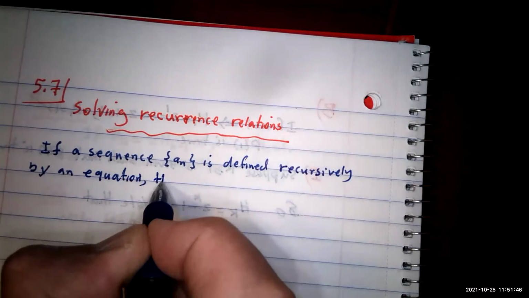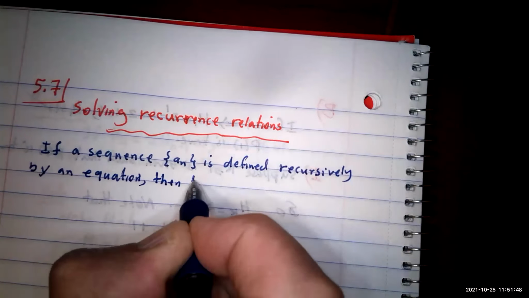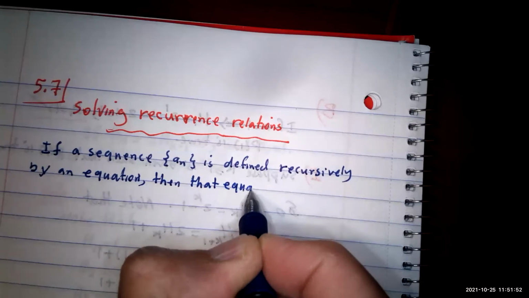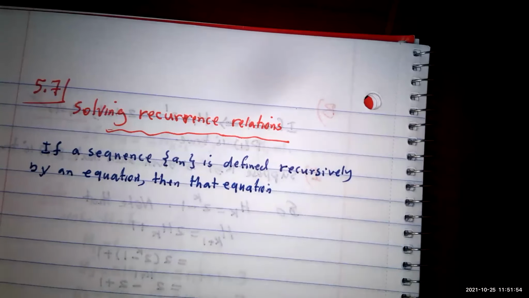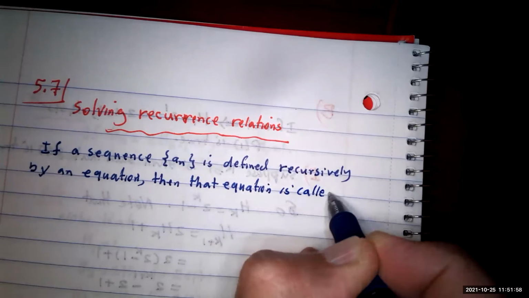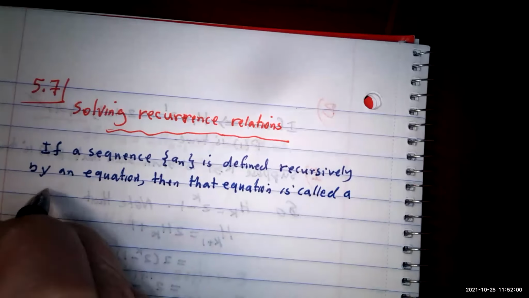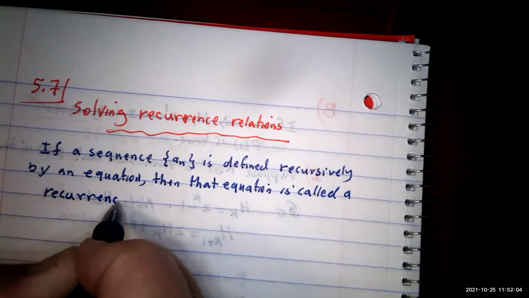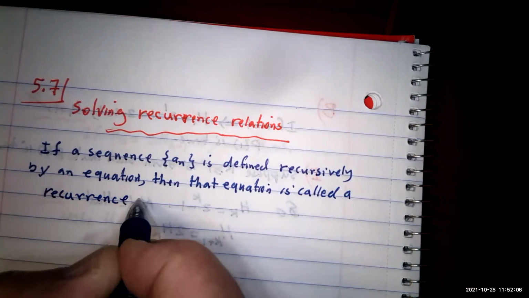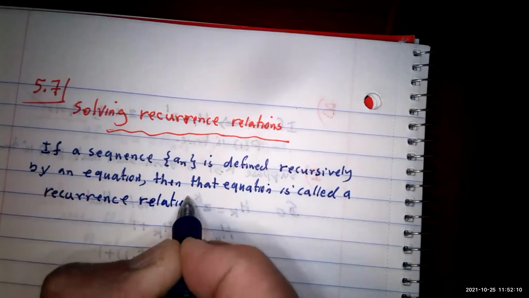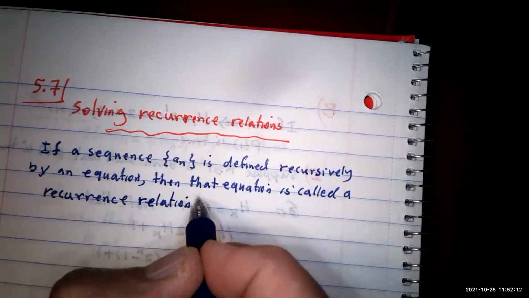Then that equation is called a recurrence relation for the given sequence.